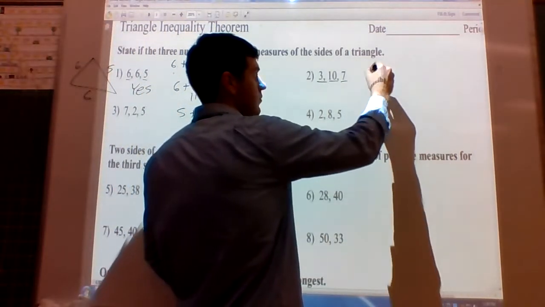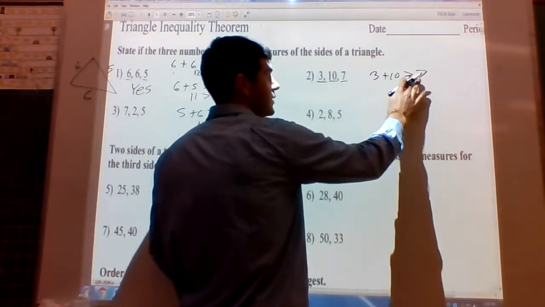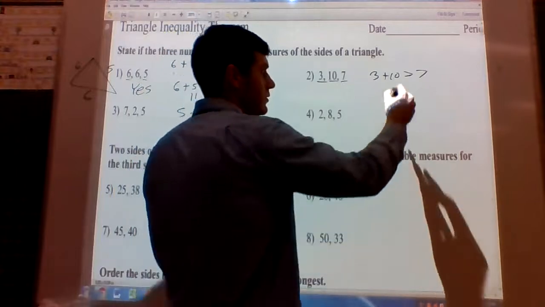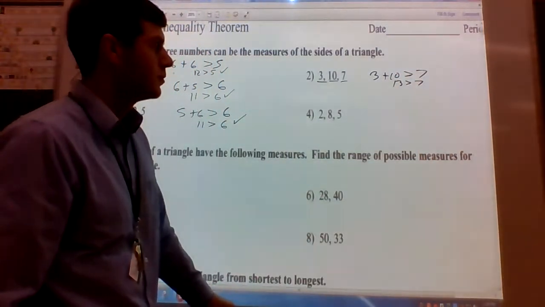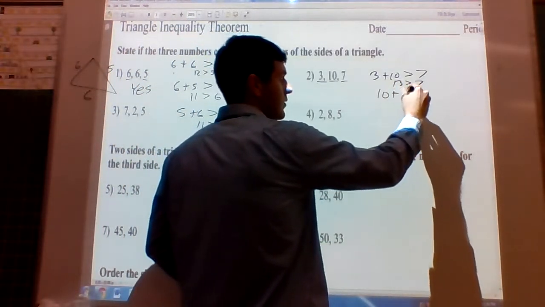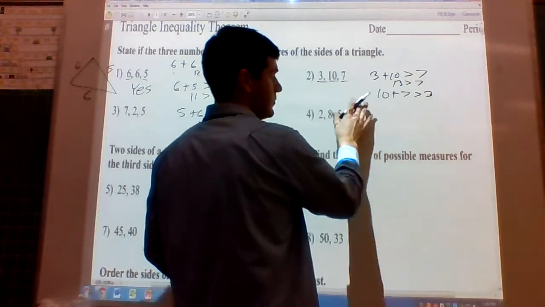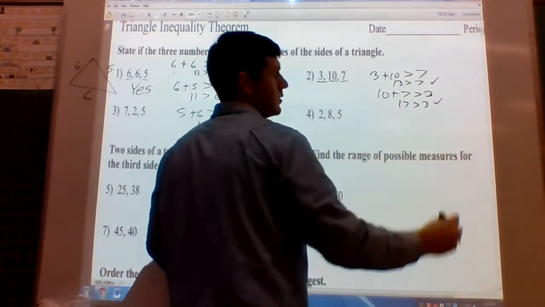So we add our first 2 sides up. They should be greater than 7, and it is. 13 is greater than 7. We pick 2 other ones, so let's pick 10 and 7. Those have to be greater than 3, the third side. So 17 is greater than 3, so we're good.